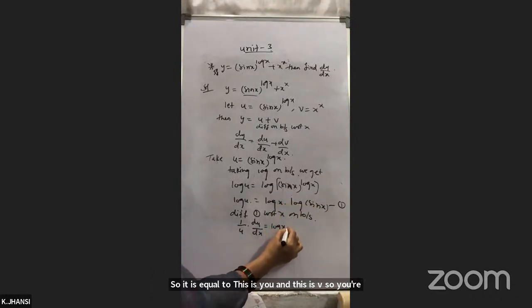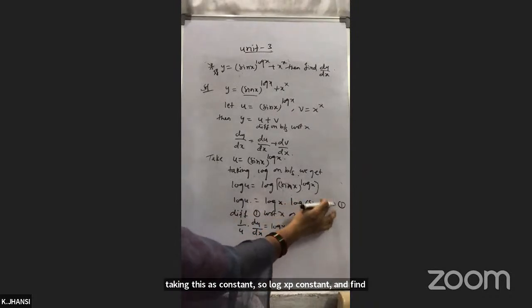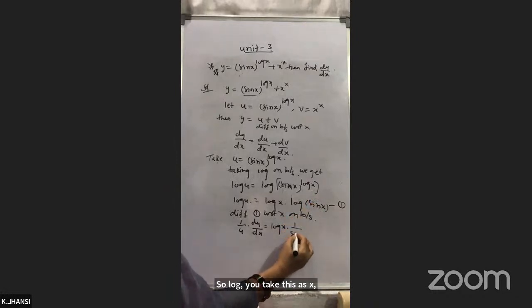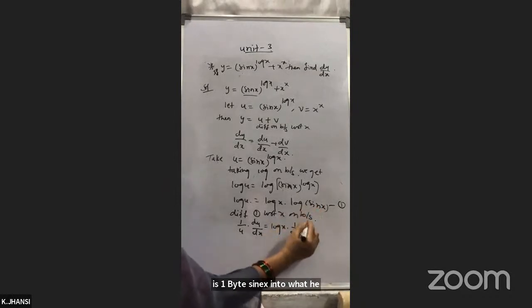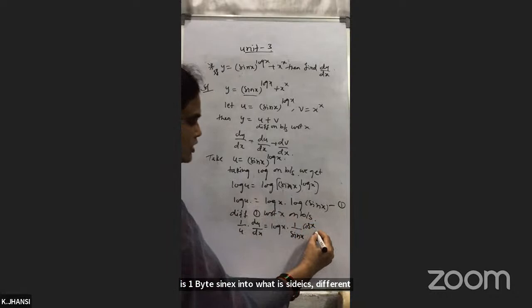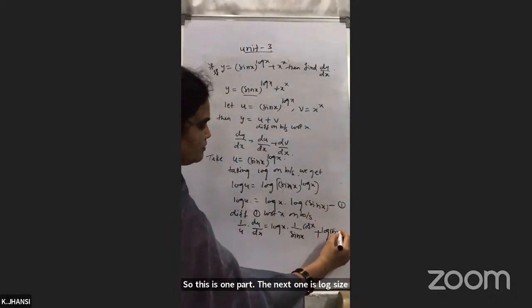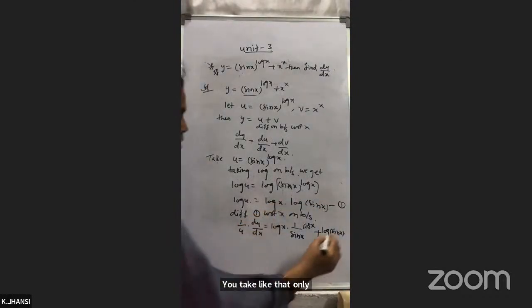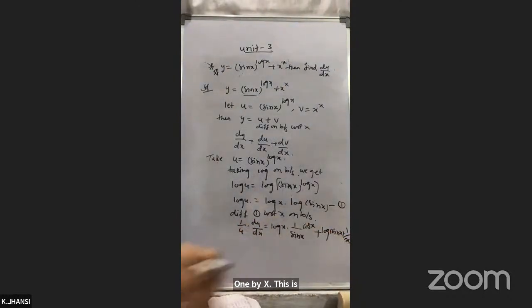Keep log x constant and find the differentiation of log sin x. Log x differentiation is 1 by sin x into, what is sin x differentiation? Sin x differentiation is cos x. So this is one part. Next one is log sin x, you keep it as it is, and what is log x differentiation? 1 by x.